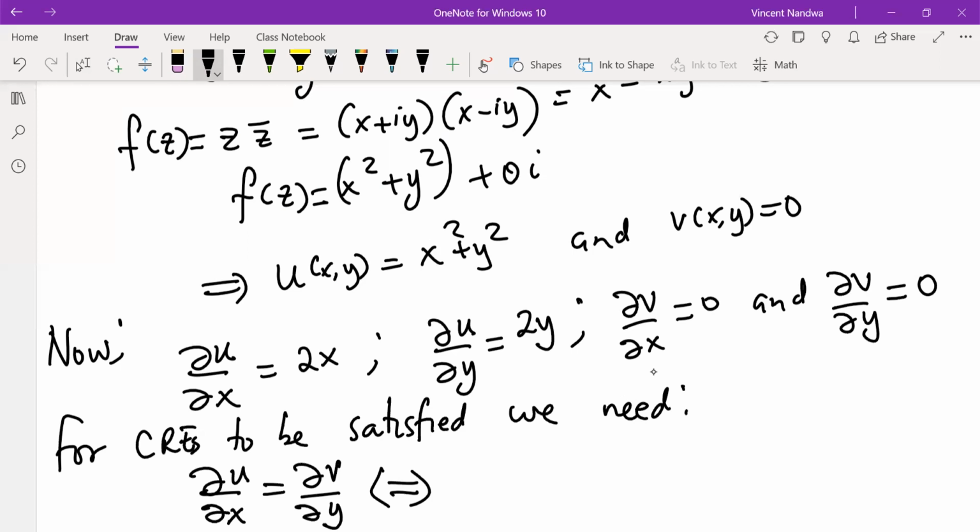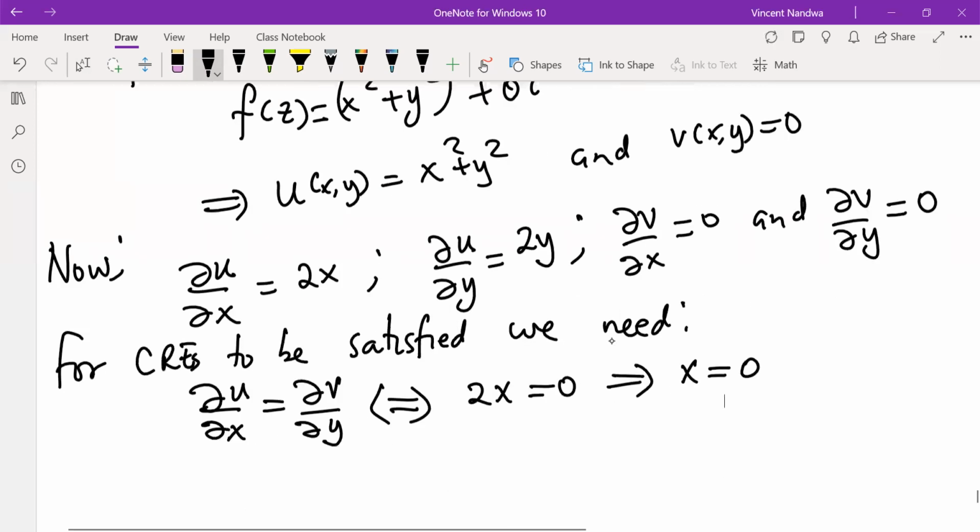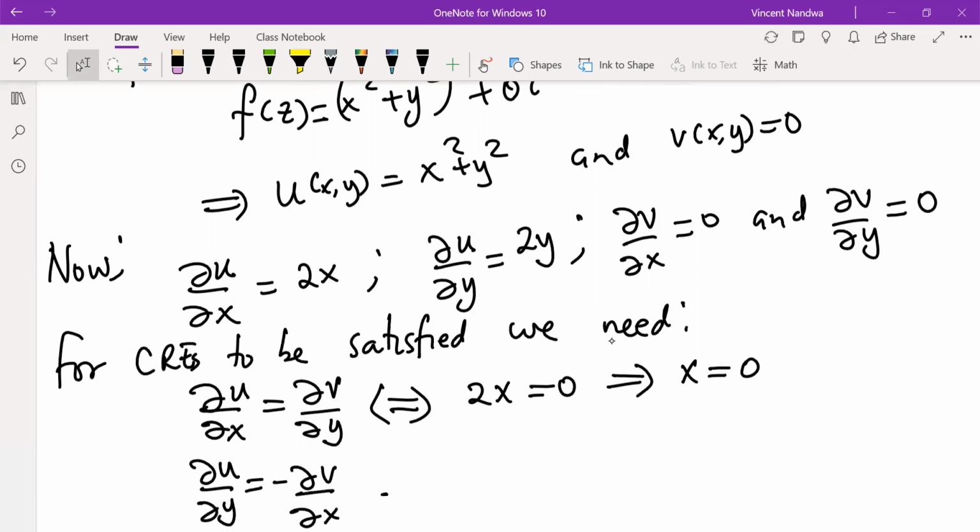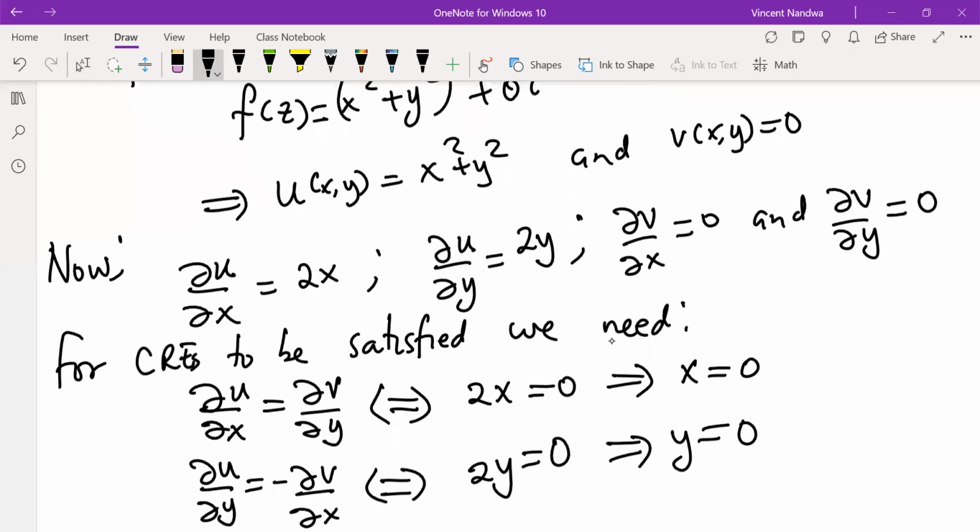So 2x should be 0, which implies x should be 0. And then partial u, partial y should be negative partial v, partial x. This means we expect 2y to be negative 0, yes, 0, which means y should be 0.